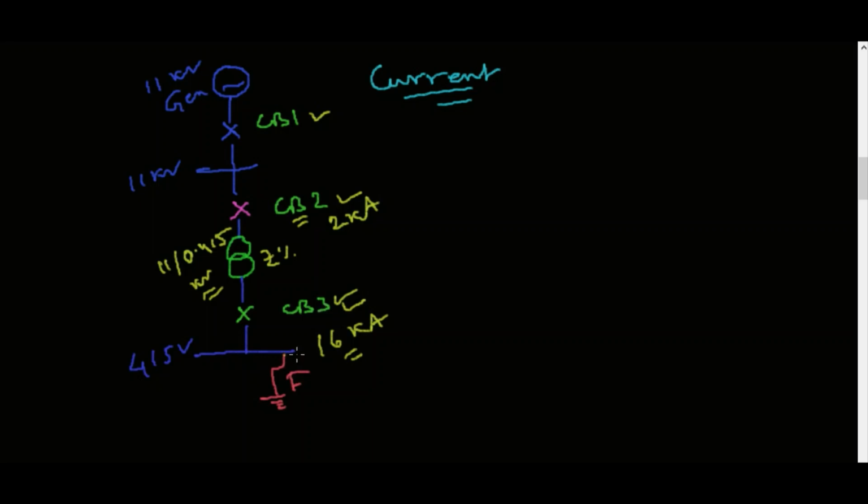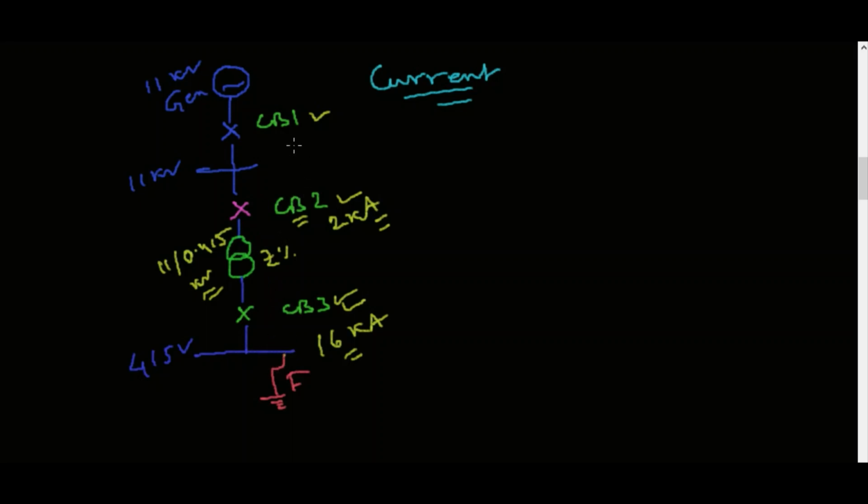The fault current will be more at the 415 volt system and less here. This 2 kiloamps is the reflected fault current at the 11 kV side due to the fault in the 415 volt bus.